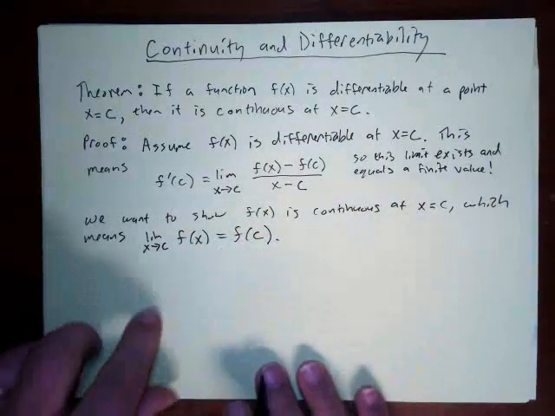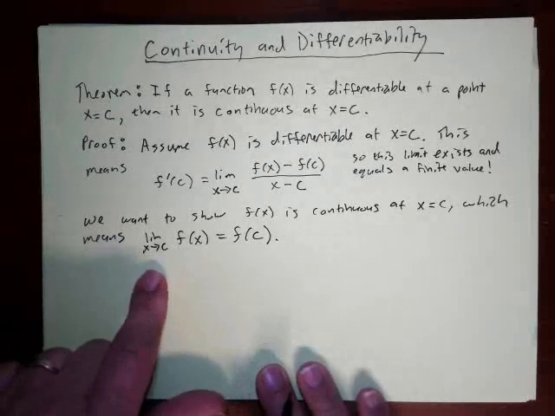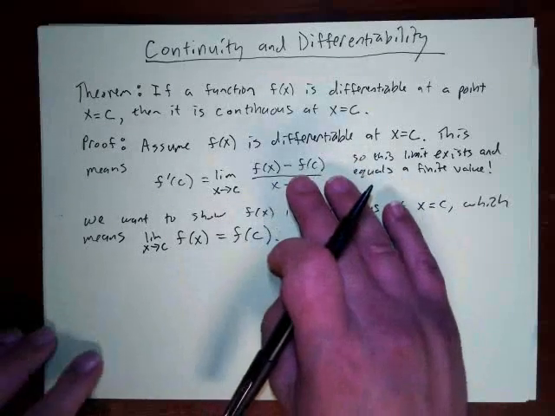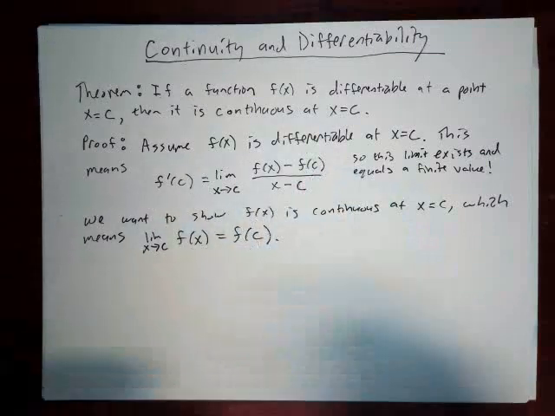So that was our definition of continuity. In other words, the limit of the function as it approaches c is equal to the value of the function at c. Okay? So I'm going to use this limit here somehow to show that this limit here exists.